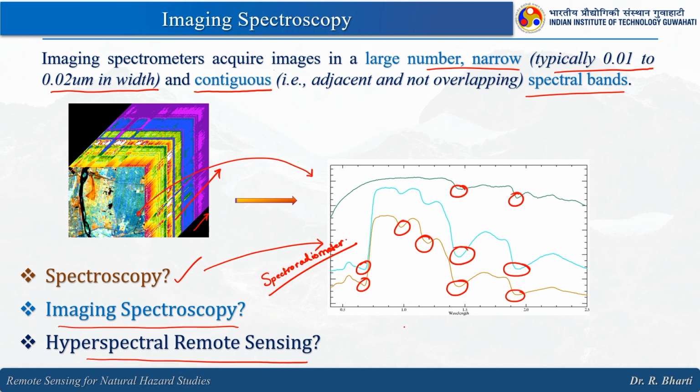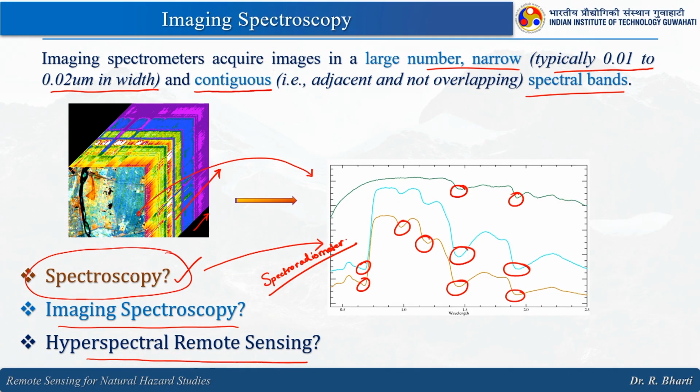I hope the difference between spectroscopy, imaging spectroscopy and hyperspectral remote sensing is clear. Here you have only one spectral measurement, and these two are the same, imaging spectroscopy and hyperspectral. Here you have images like this, and each pixel of these images will have this kind of information. This is imaging spectroscopy.